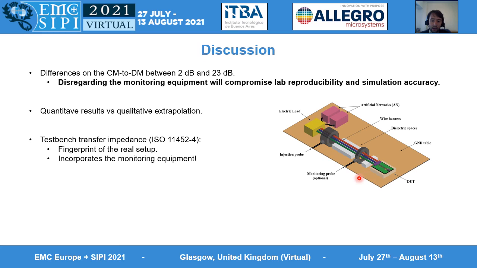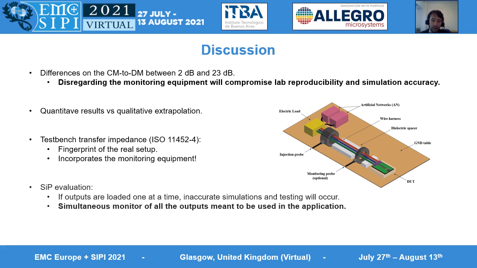That quantity has units of ohm, and therefore it's called test bench transfer impedance, and it's a fingerprint of the real setup, basically, which, among other things, inherently incorporates the loading of the monitoring equipment. So our proposal is to use this quantity as a fingerprint of the actual setup.